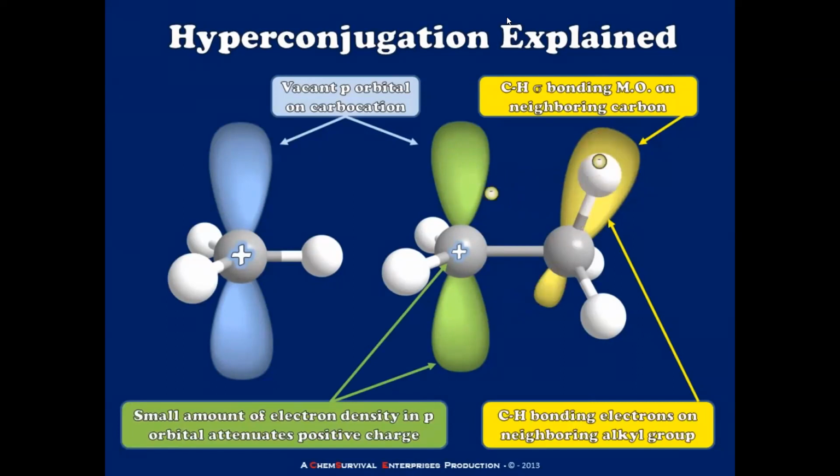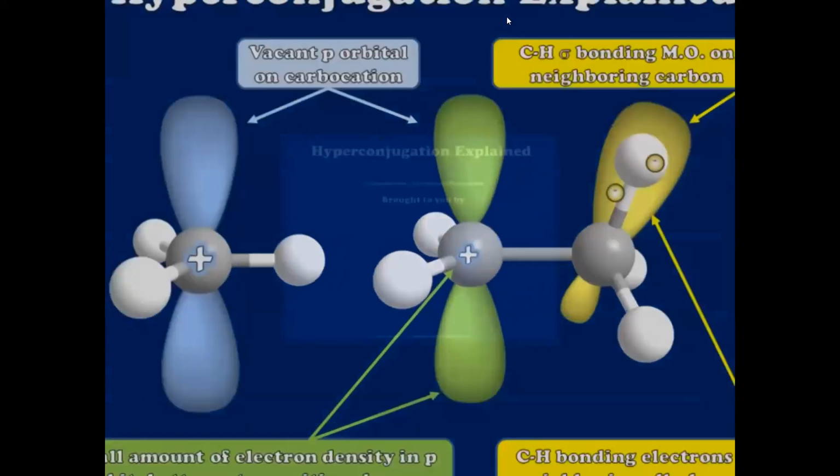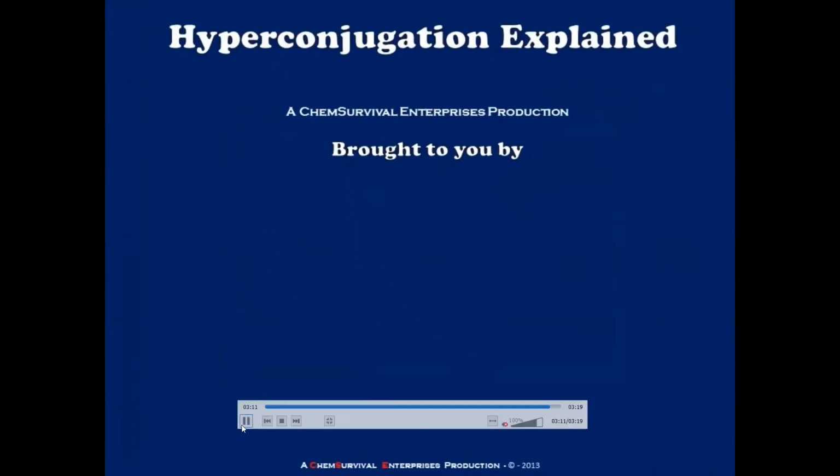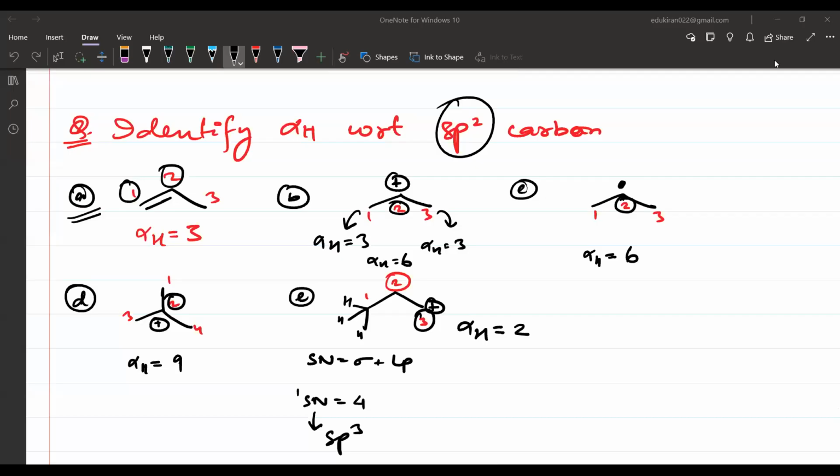And when the positive charge decreases, stability क्या होगा बताइए? Increase. हाँ, charge decrease होता है तो stability increase होता है. So this is how hyperconjugation stabilizes the carbocation. It stabilizes the alkene, and it also stabilizes the free radical.